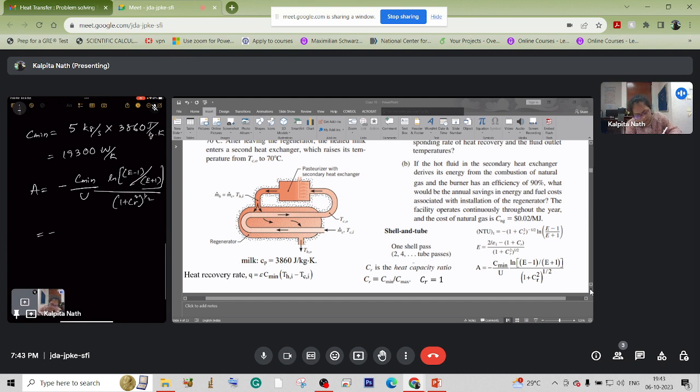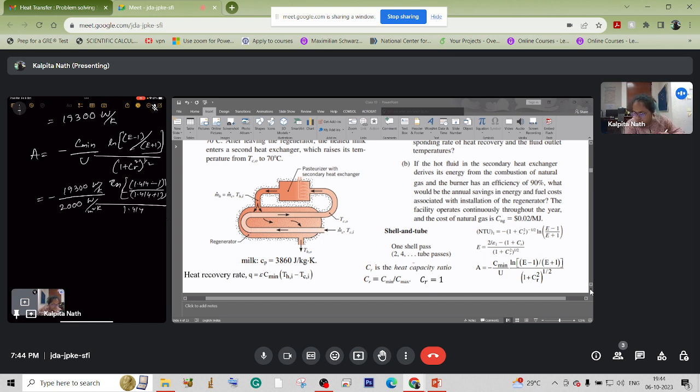So this will come out to be 19300 upon U, which is 2000 watt per meter square Kelvin, ln of 1.414 minus 1 upon 1.414 plus 1, upon 1.414. So this will come out to be 2.03 meters square.